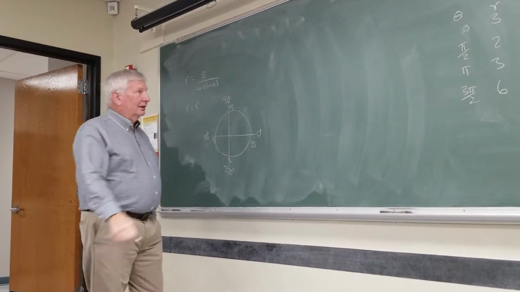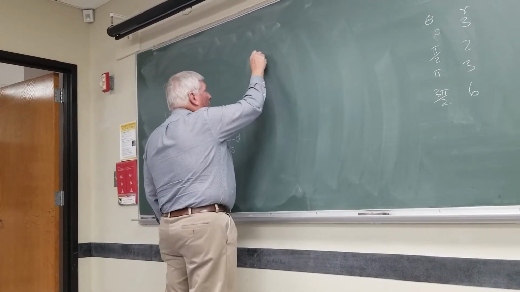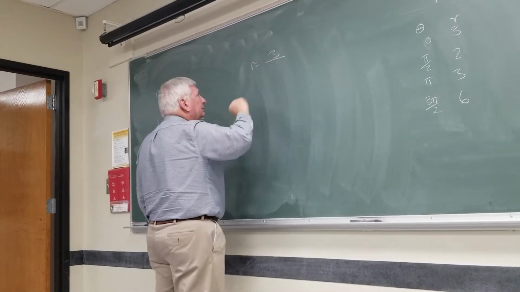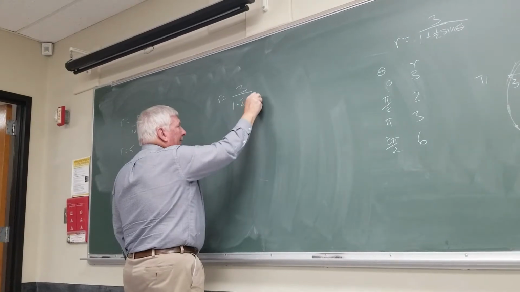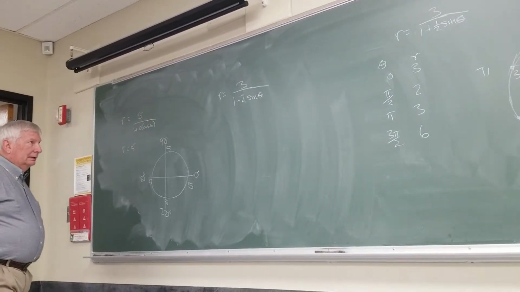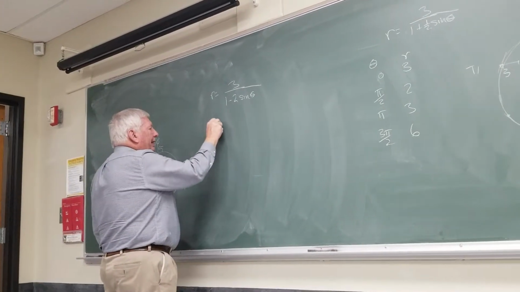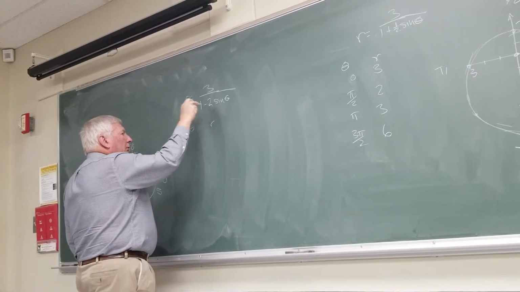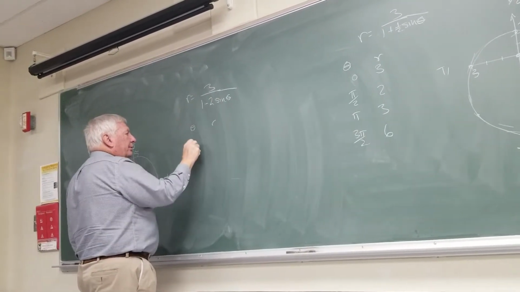So the one we haven't done is when E is greater than 1. Let's say R is equal to 3 over 1 minus twice the sine of theta. And again, in the cardinal directions, theta, R, when theta is 0 degrees, we get 3.